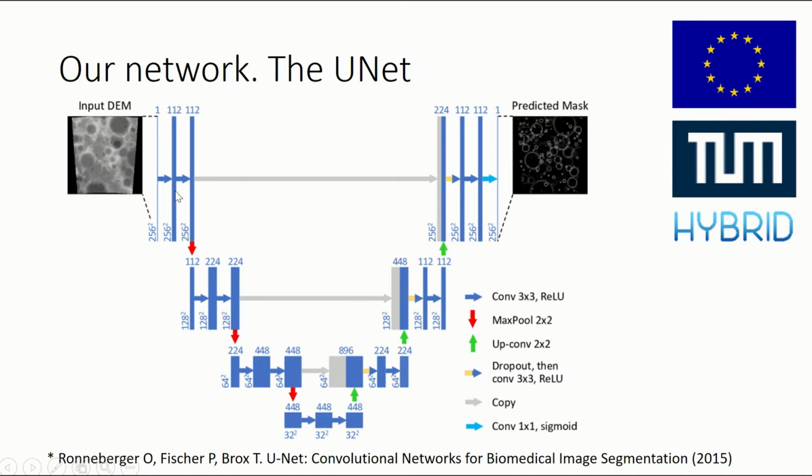And you can see that when you start the network with this input, it will go through some convolutions, but then you will get some downsampling. So in these first convolutions, you basically are learning the spatial relationship between different pixels here. So you will have a lot of spatial information.